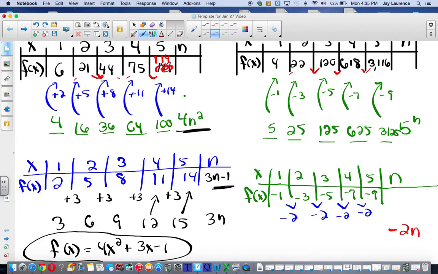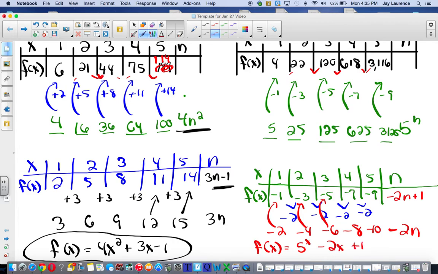So 1 times -2, -2, -4, -6, -8, -10. Looks like I'm going to add 1 each time to turn the red ones into the green ones. So it's going to be -2n plus 1. So my function is f of x equals 5 to the power of x minus 2x plus 1.